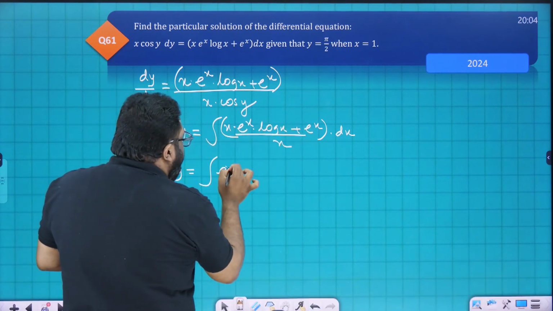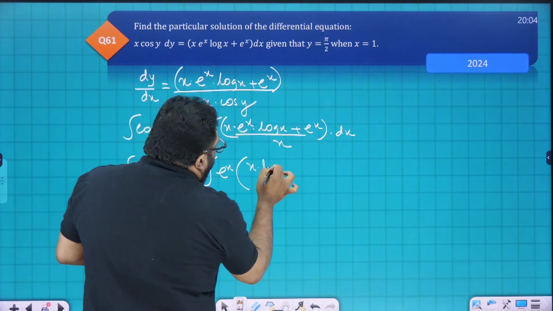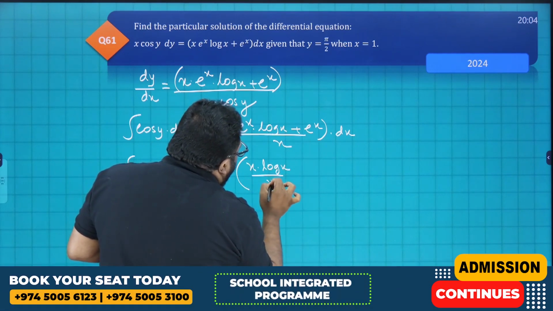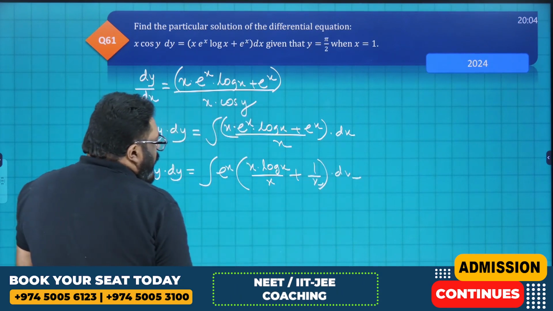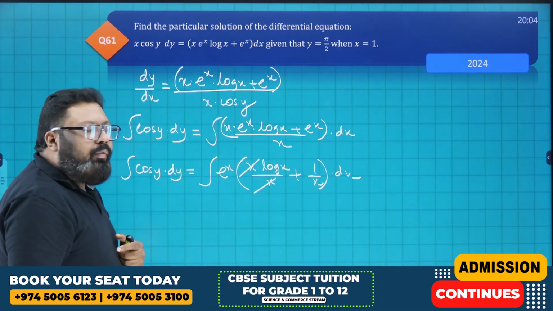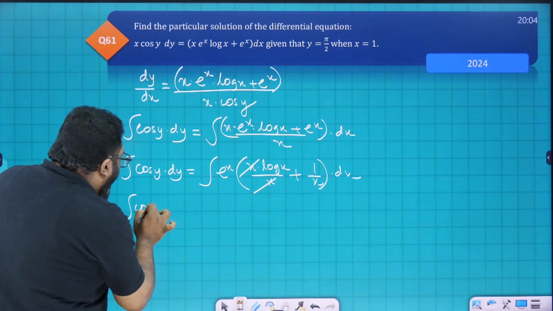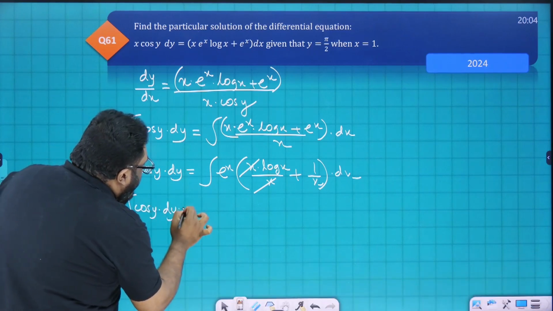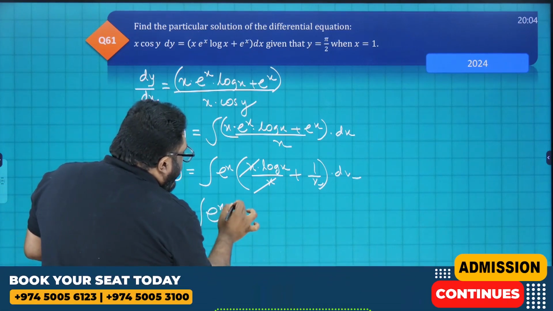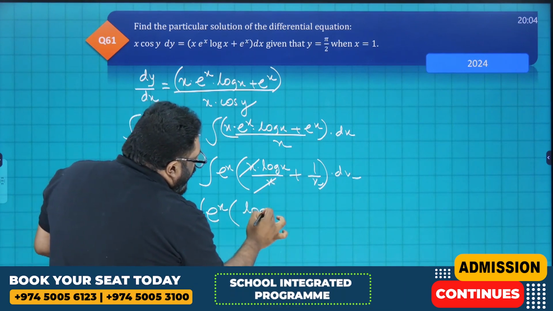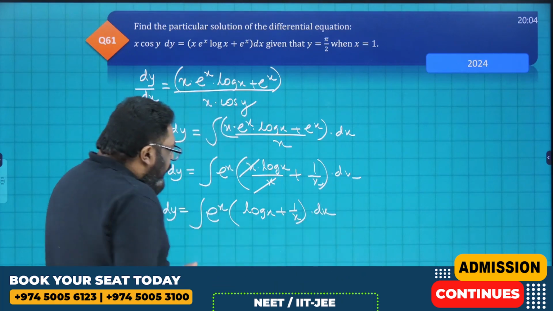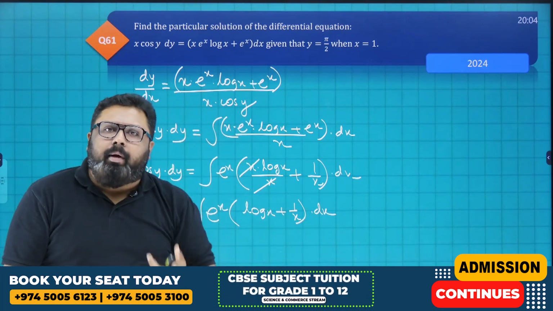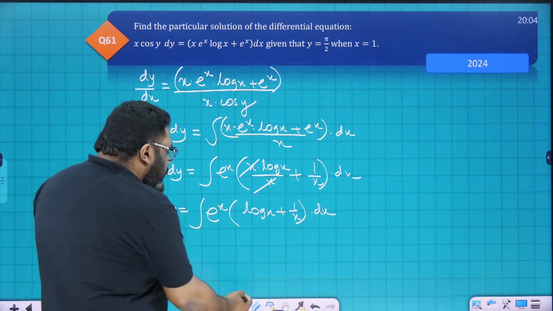I'm just taking it out. I will get x log x divided by x plus 1 divided by x, dx. x cancels off. So integral of cos y dy is equal to integral of e raised to x into log x plus 1 by x, dx. Direct integration form in chapter 7, my dears.